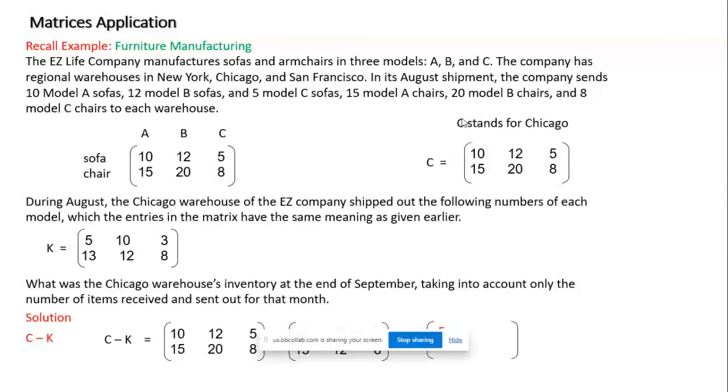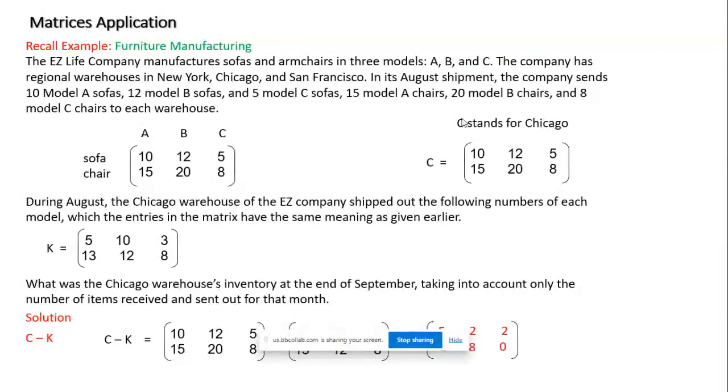Okay, so let's go ahead and do this. So our answers would be 10 minus 5 is 5, 12 minus 10 is 2, 5 minus 3 is 2, 15 minus 13 is 2, 20 minus 12 is 8, and 8 minus 8 is 0.